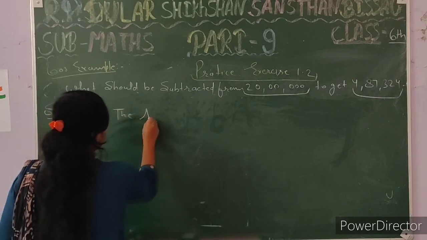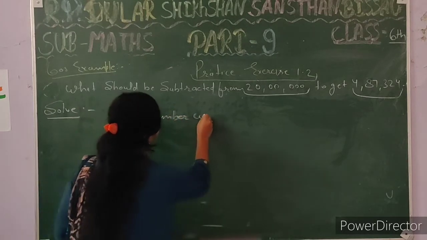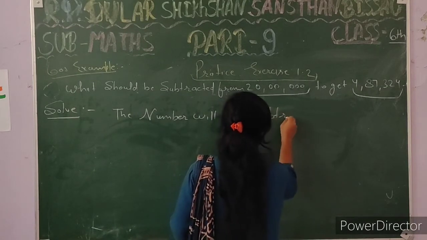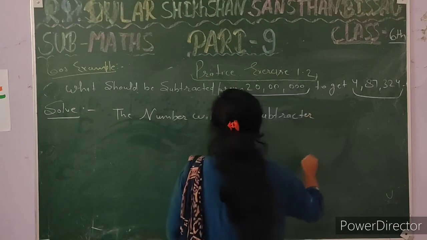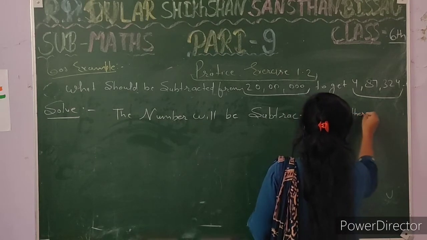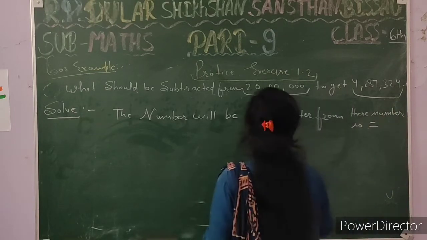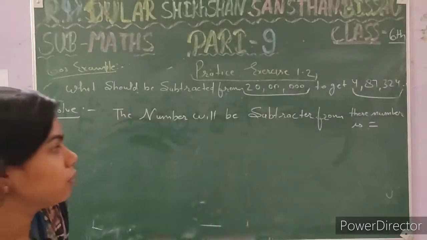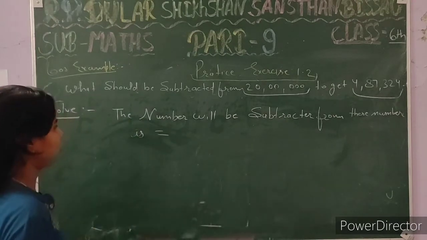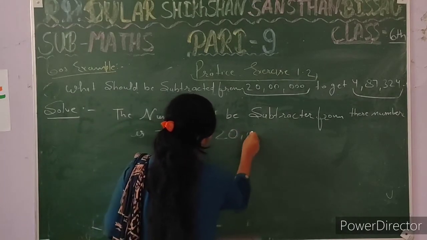The number that will be subtracted from this number is, wait a second, I will write here because there is not enough space. So we write here 20 lakh.